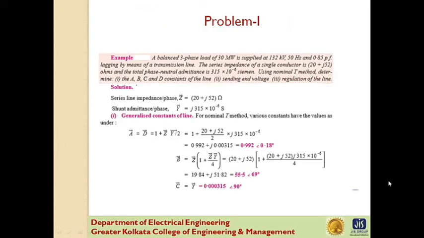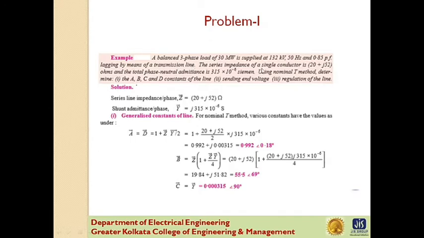Now we have already derived the expressions for A, B, C, D for short, medium and long transmission lines. Now we solve problems on ABCD parameters. First problem: a balanced three-phase load of 30 megawatt is supplied at 132 kV, 50 Hz and 0.85 power factor lagging by means of a transmission line.